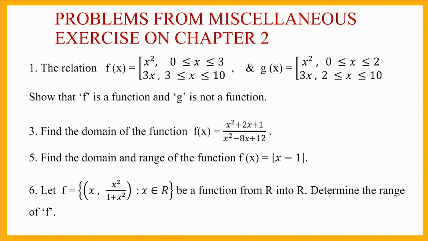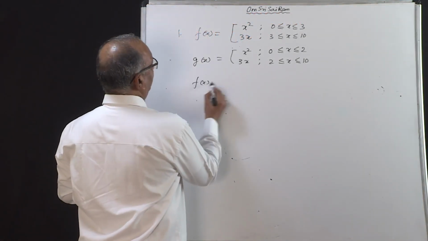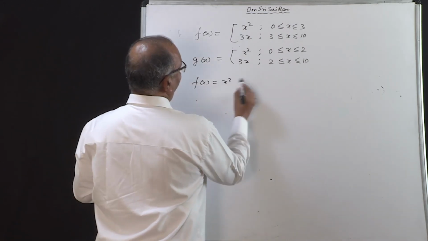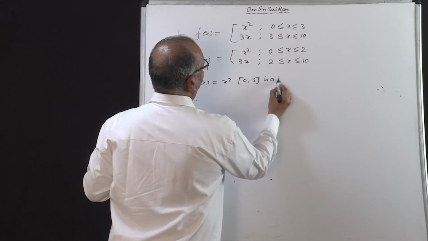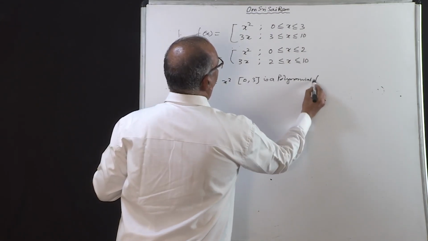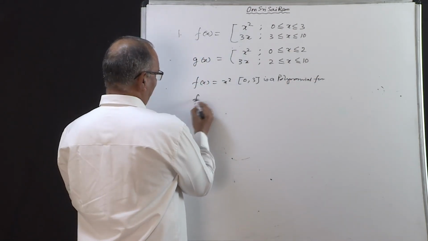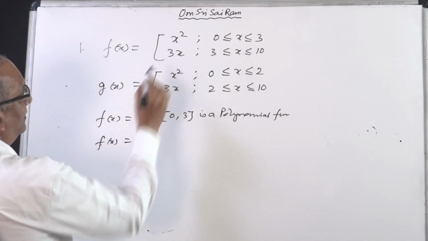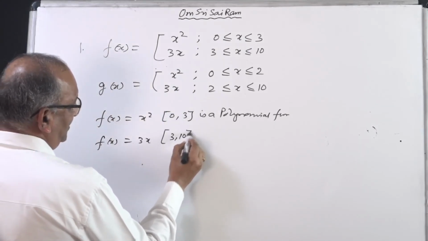He says prove that f is a function. How do you prove f is a function? f(x) equal to x square in the limits 0 to 3 is a polynomial function. Similarly, f(x) equal to 3x is also a polynomial function.